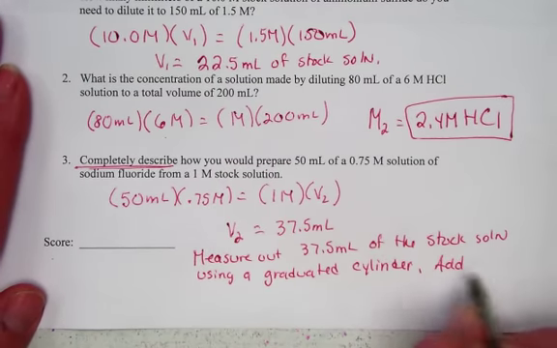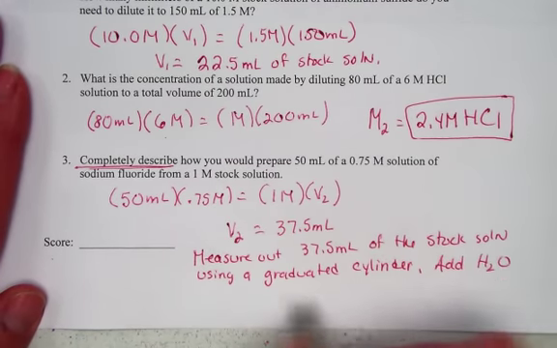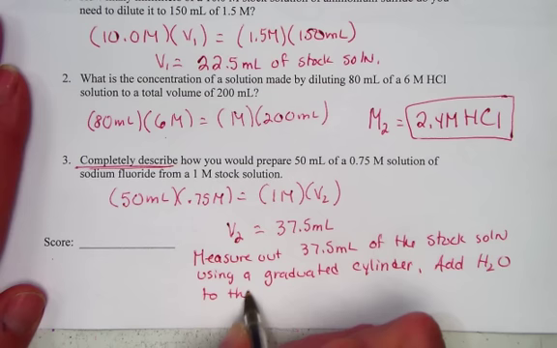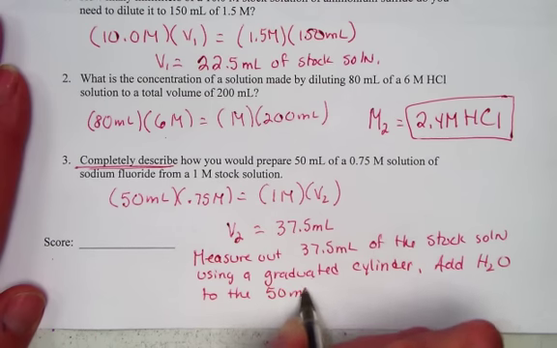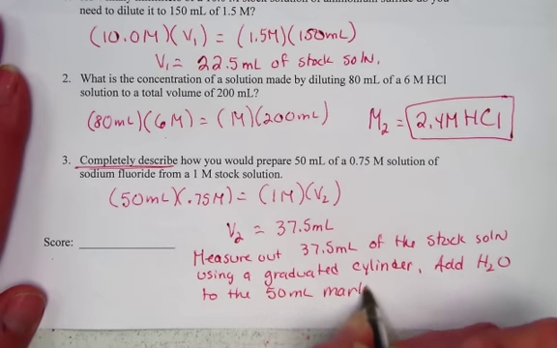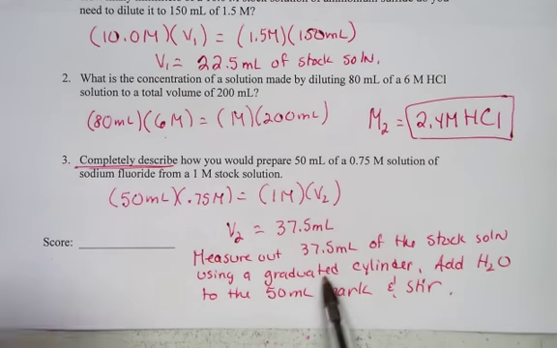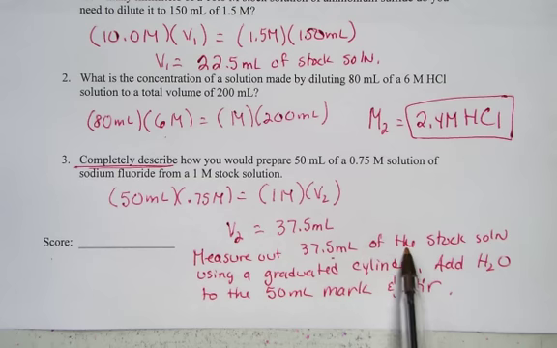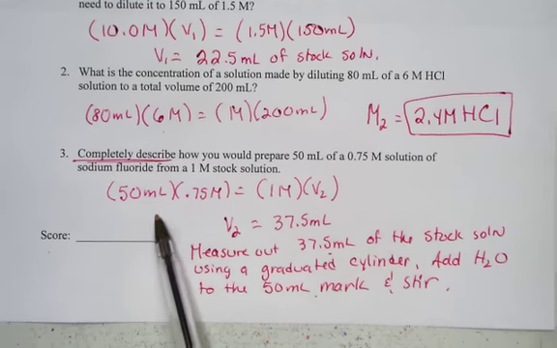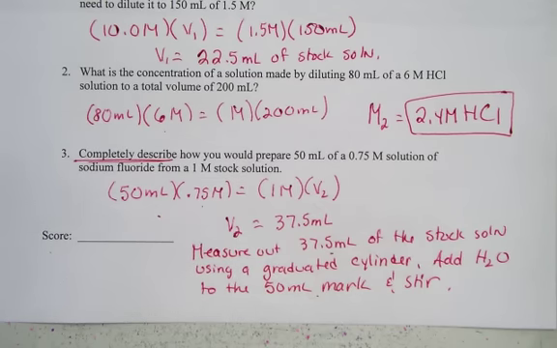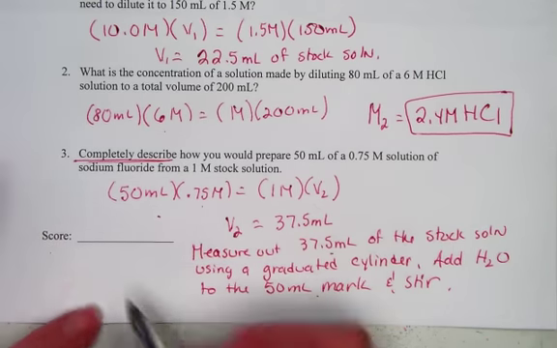So the next part would say, let's add water to the 50 mL mark and stir. Measuring out 37.5 mL of your stock solution and adding water up to the 50 mL mark on that graduated cylinder creates the 50 mL of the 0.75 molar solution we would need to run our experiment.